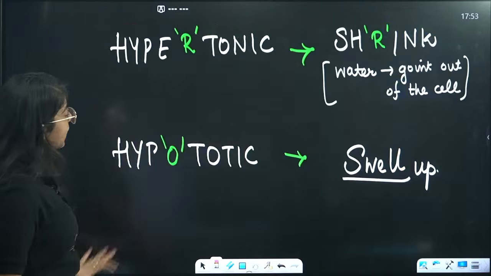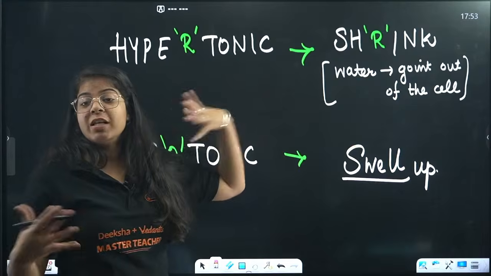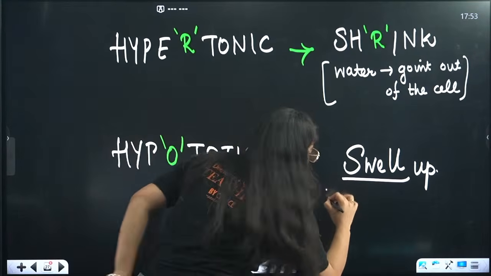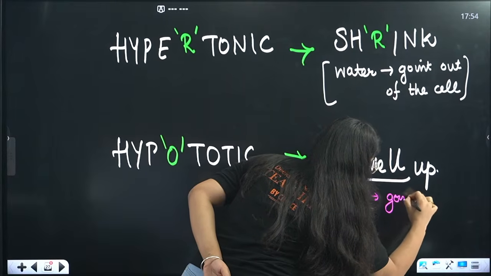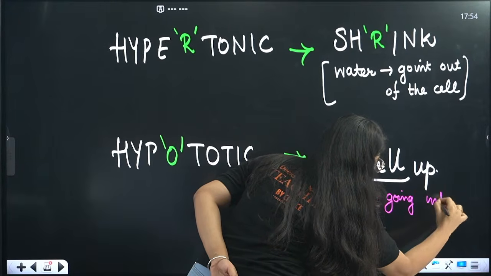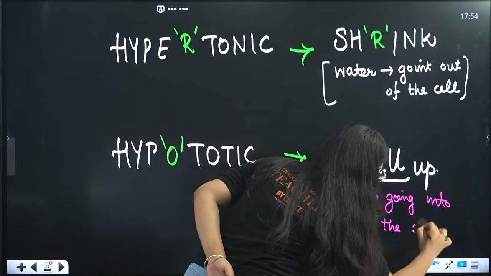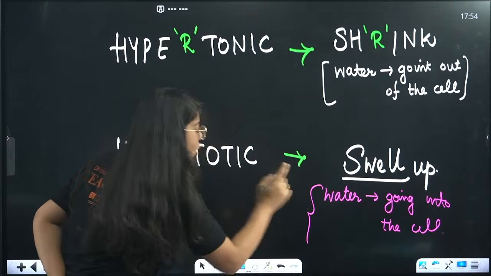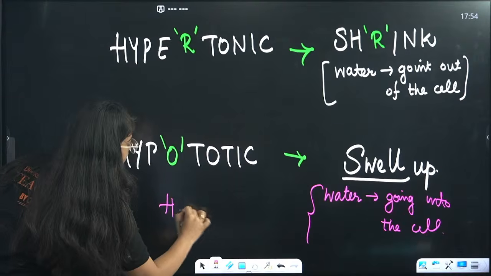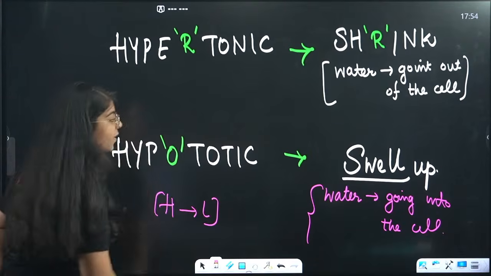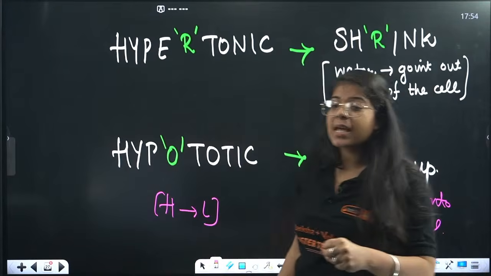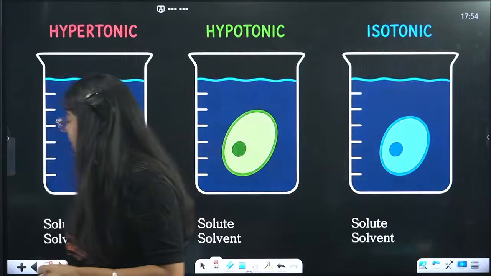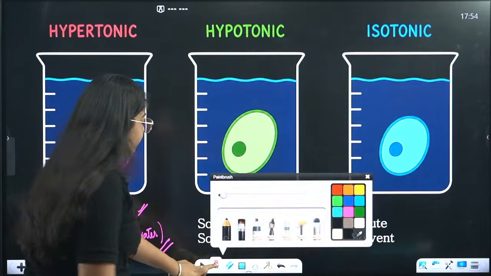Now see, in hypotonic we know the cell swells up. That means water is moving inside the cell, water is going into the cell. And we know water will always go from high concentration to low concentration, right? So if it is going into the cell, that means inside the cell the water is less and outside the cell the water is more.